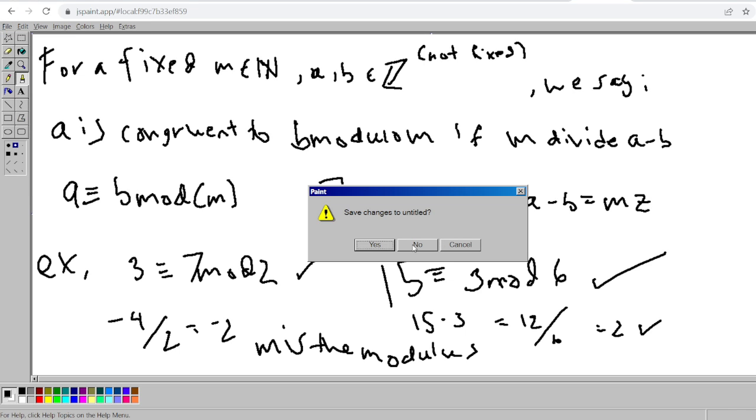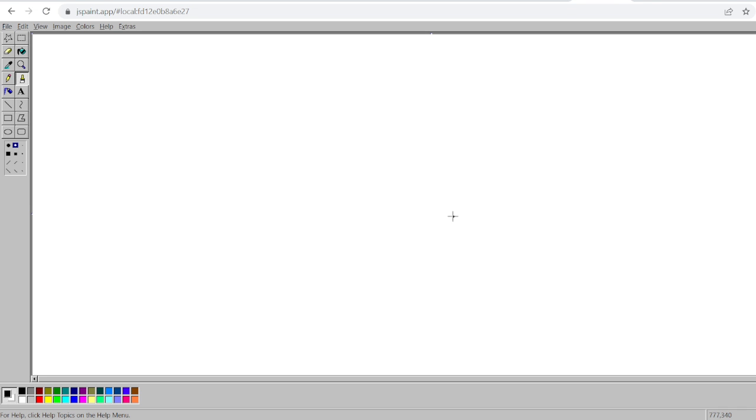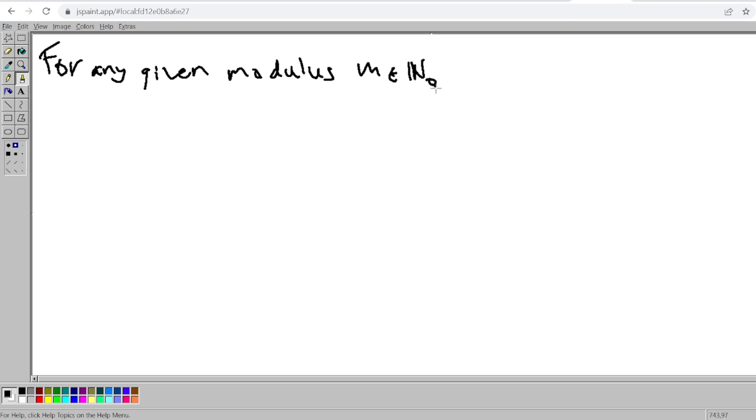Let's go to a new one. Sorry, I'm scanning through my notes. Knowing that, we can say, for any given modulus, and I'll add the 0 there.